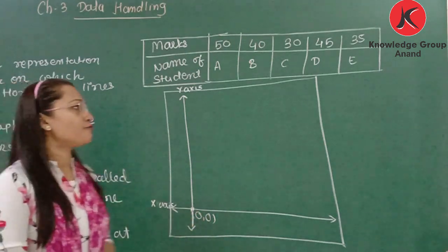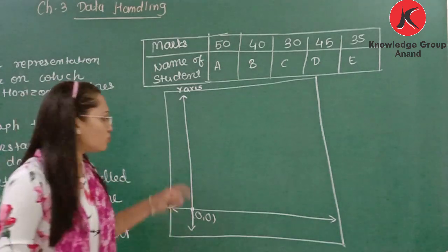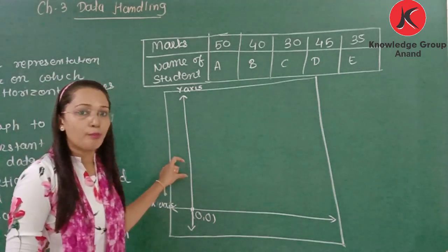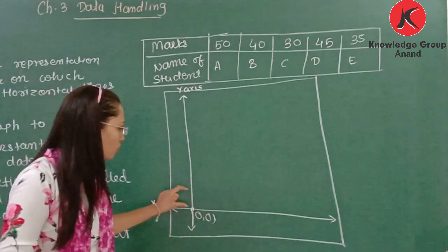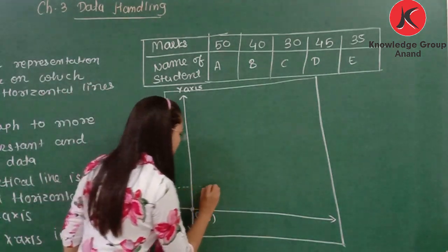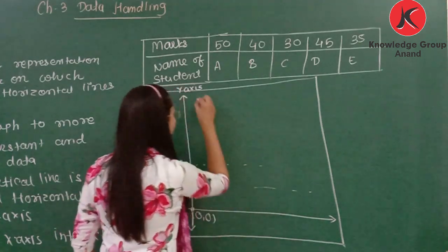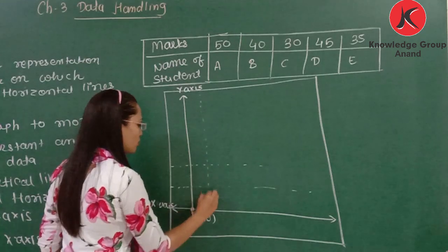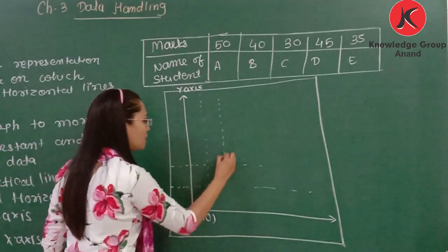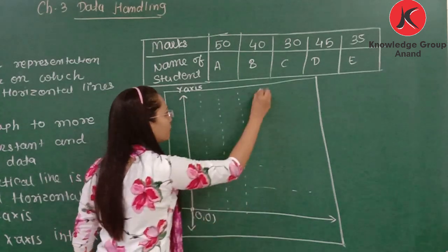Now in a graph, a very important thing is scale. Scale means you need to use some measurement to give the measurement of this one part. Here in your graph paper, there are horizontal lines and vertical lines given. So here you need to scale, so it will be easy to represent all the information on the graph paper.